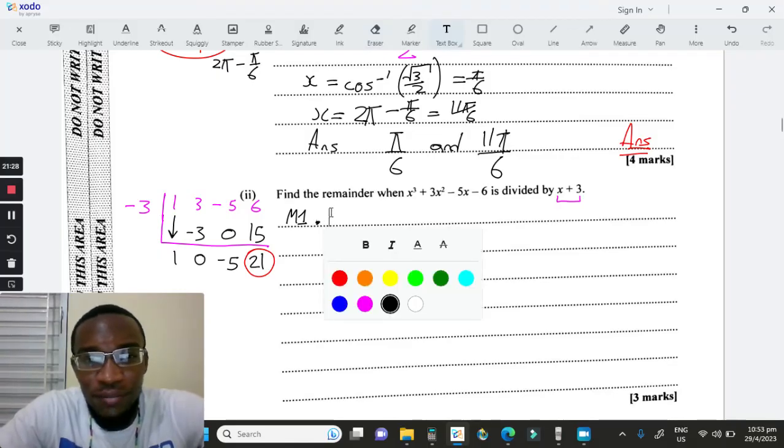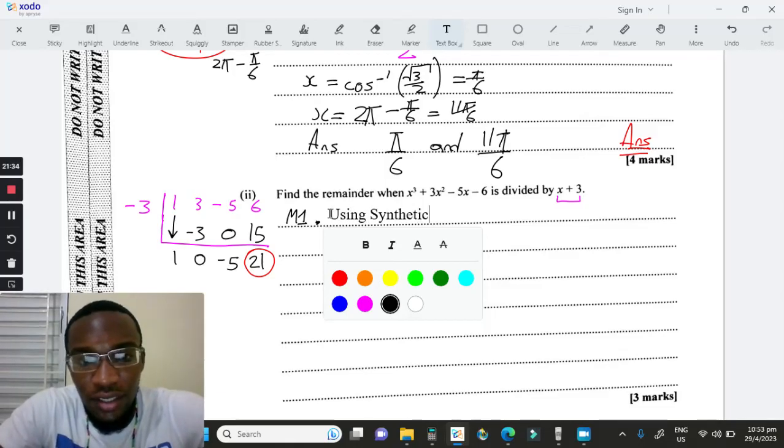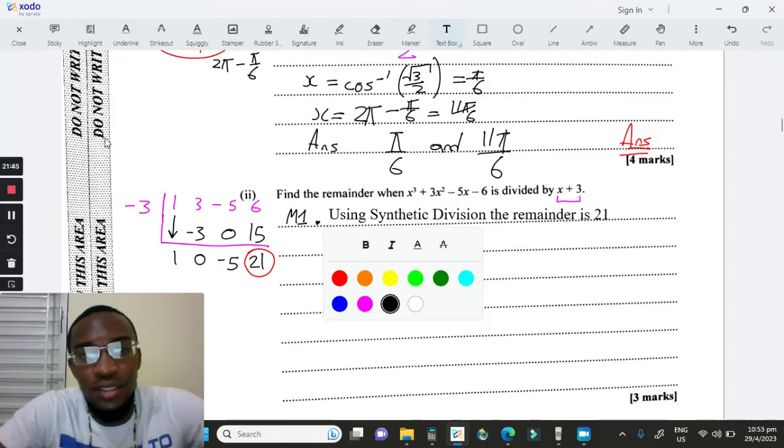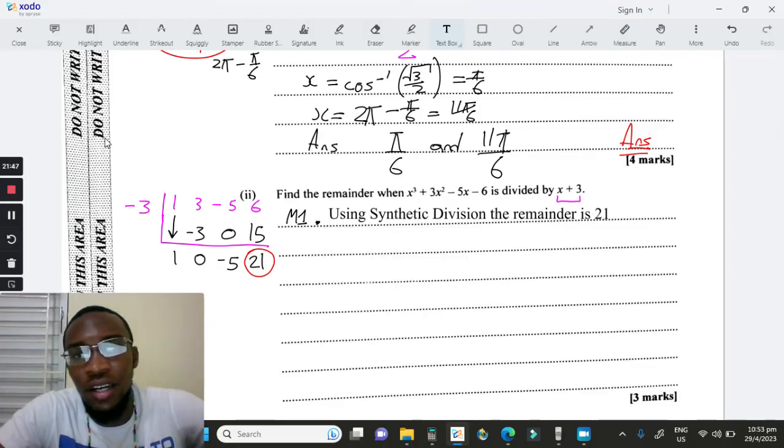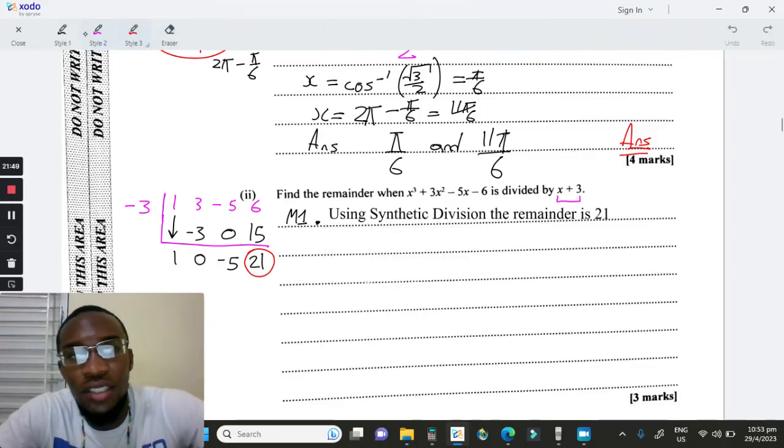So now, right here, from method 1, we'd say using synthetic division, the remainder is 21. That's using the synthetic division. Alright, now let's say you didn't want to use synthetic. You have method 2.